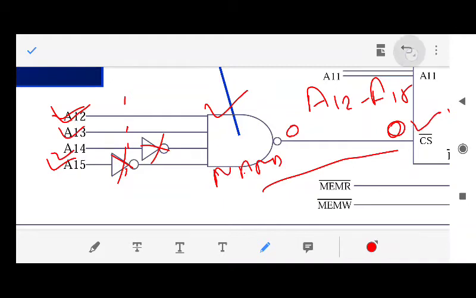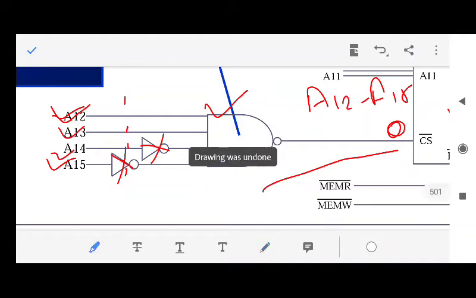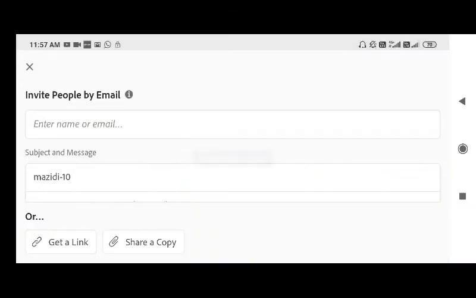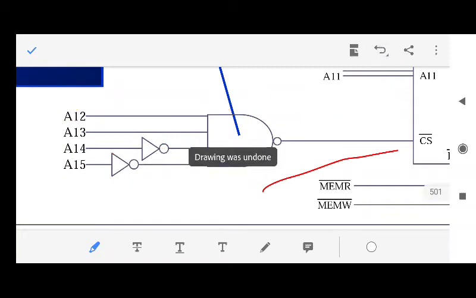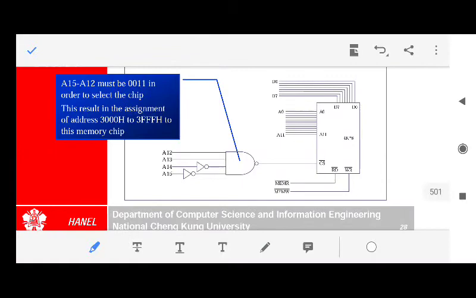Fine. So this is how the 8051 is connected, and this is how it can be used to select the chip. So I have explained how a NAND gate is used to select the chip.